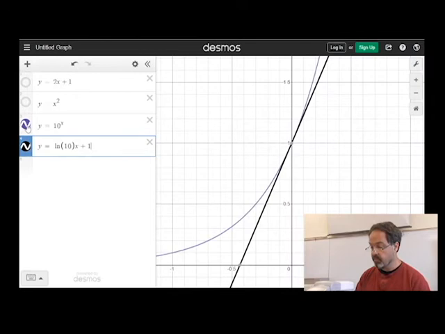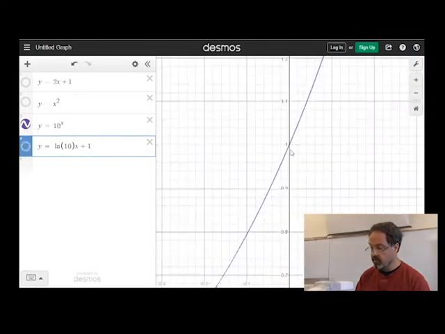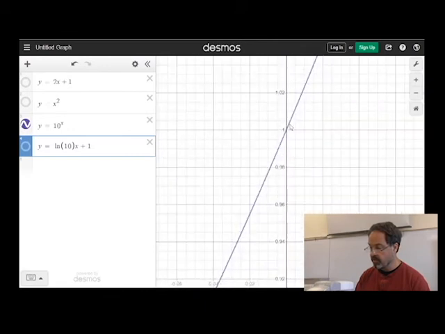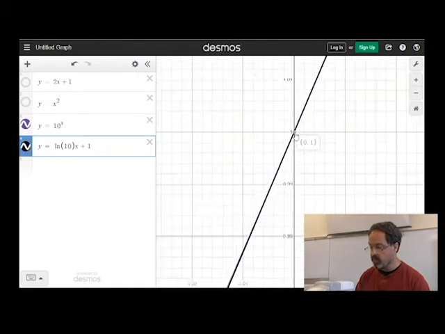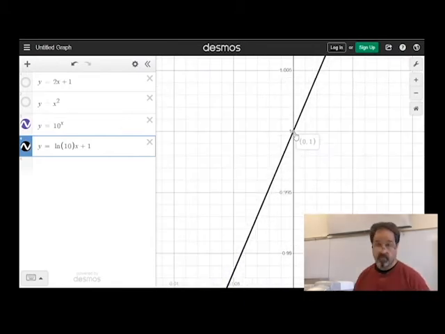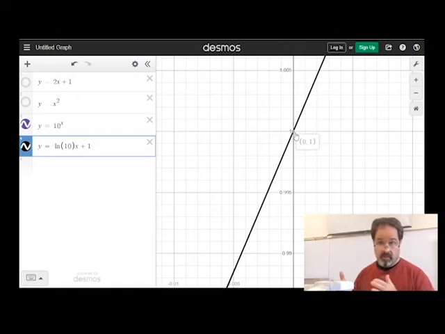And in fact, I can turn the line off, zoom in on that location until it looks perfectly straight, and then turn the black line on, and it almost completely covers it, and will if I zoom in even more. This is a demonstration of the line being an extremely close approximation of the exponential curve, and the closer we zoom in, the more the line resembles the curve. The curve is being linearized.